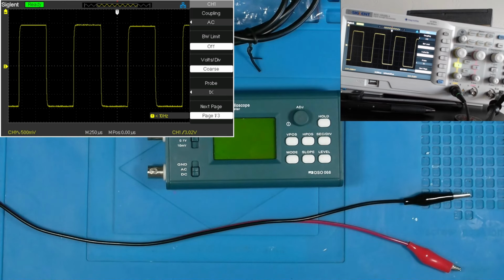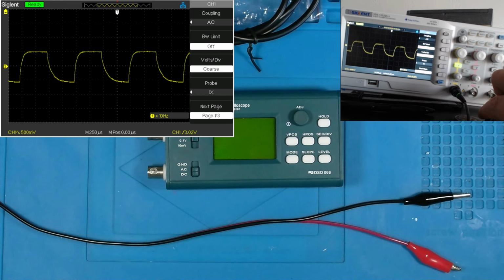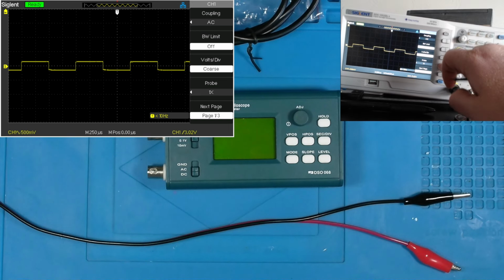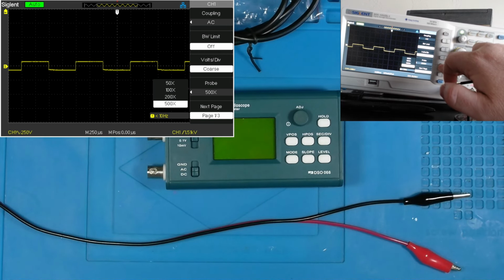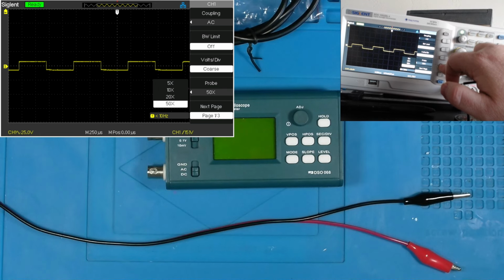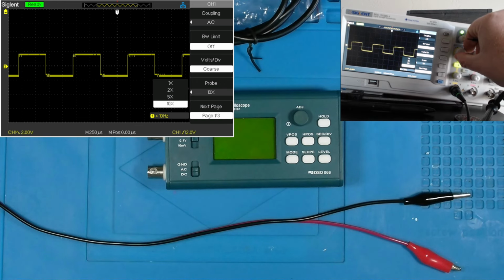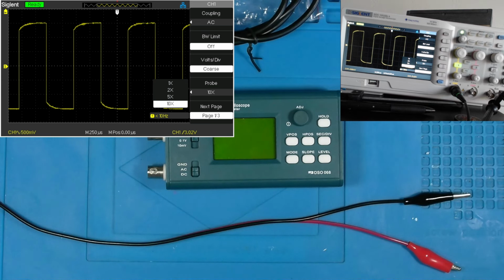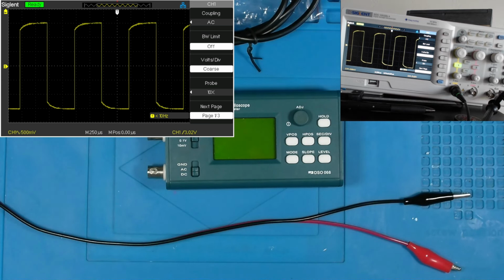As a matter of fact, I'm going to switch this to 10 by, and we're going to change our probe range to 10 by. And do this one more time. And now with this, we can see the importance of compensating on our probe.